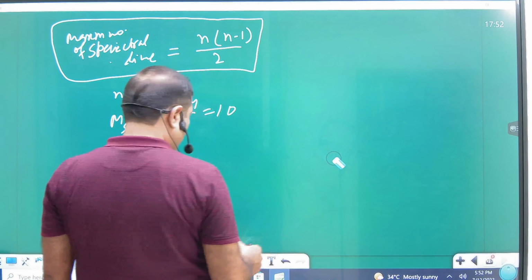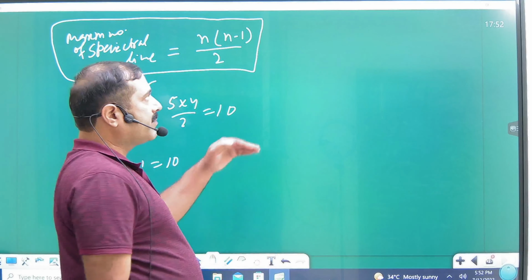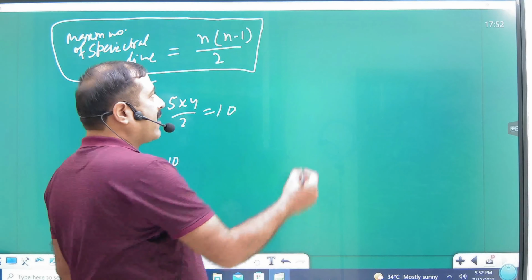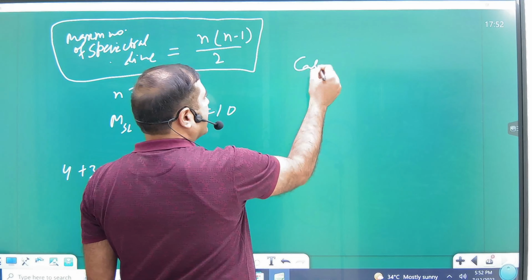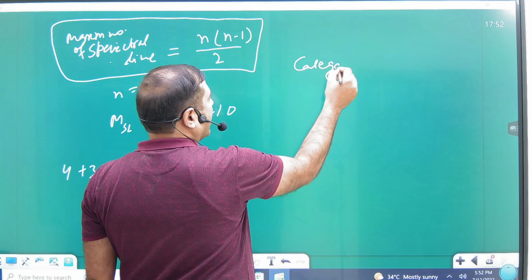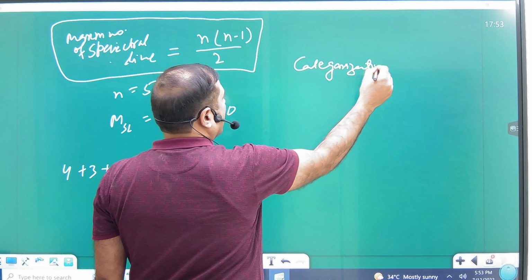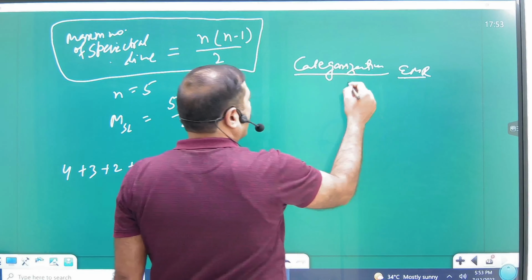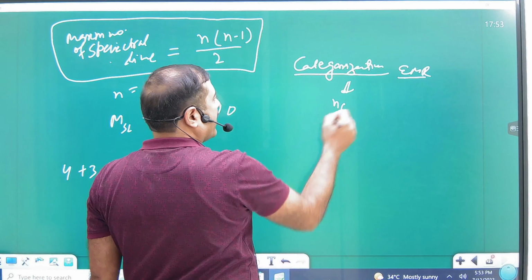In the case of the hydrogen atom, if the electron jumps in many ways, electromagnetic radiation is emitted, and the final categorization of electromagnetic radiations or spectral lines was made on the basis of n final.